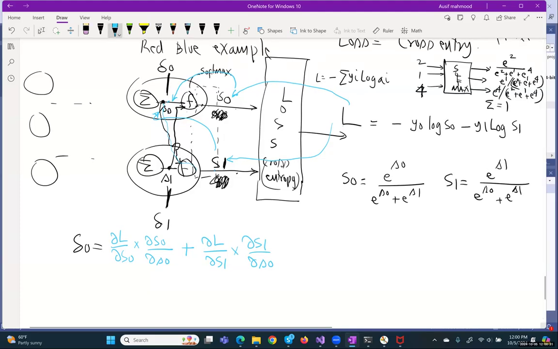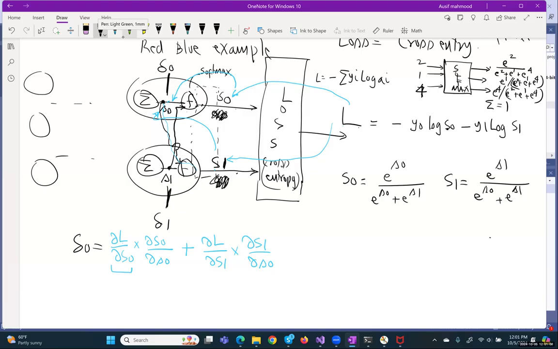Okay, what is partial L over partial S0? Let's go to this equation and try to compute the partial L with respect to partial S0. What will happen to the second term? There's no S0 over here. So in partial derivatives, if there's no S0, that will zero out. And remember what is the derivative of the log? 1 over whatever that quantity is, right?